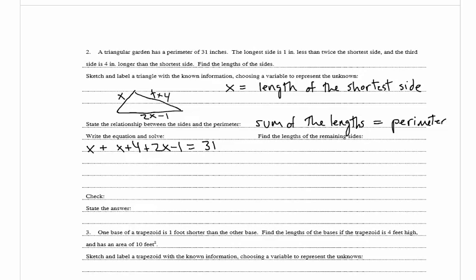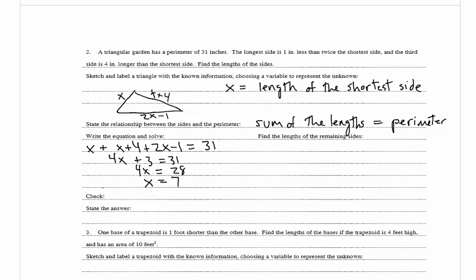And now I'm going to combine all my like terms on the left side, and I have x plus x plus 2x is 4x, and 4 minus 1 is equal to 3, is equal to 31. And now I'm going to subtract 3 from both sides, and I get 4x is equal to 28. And now I'm going to divide both sides by 4, and I get x is equal to 7.